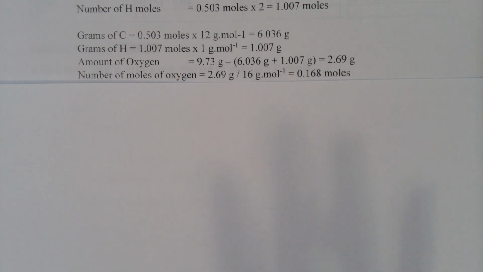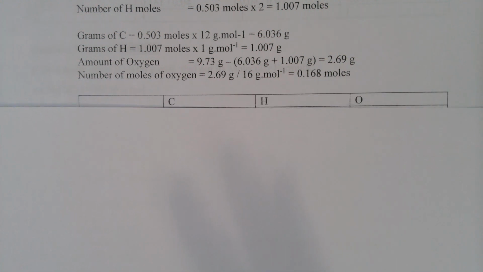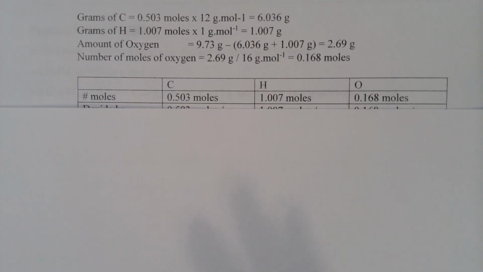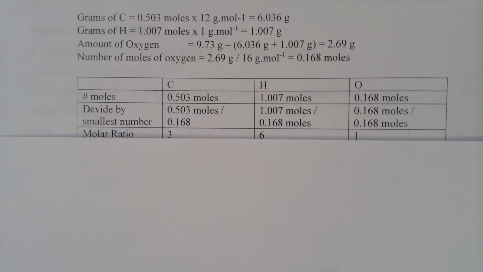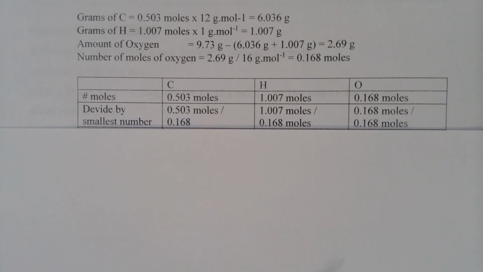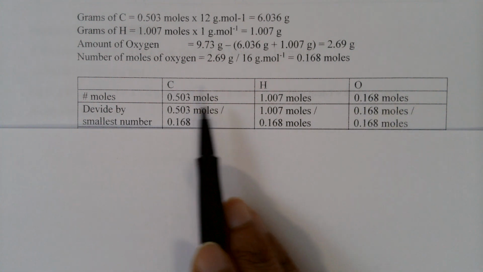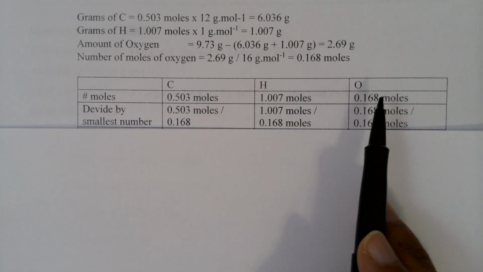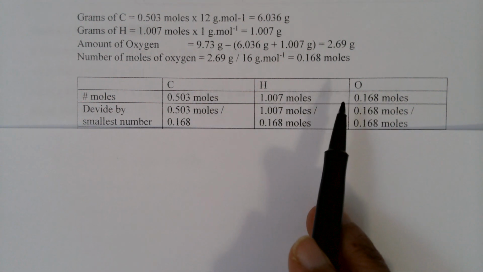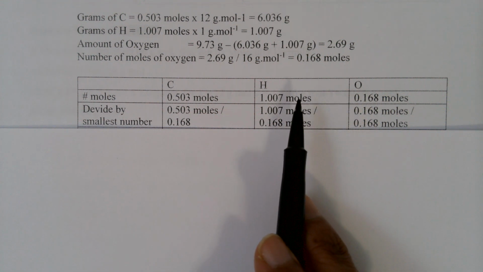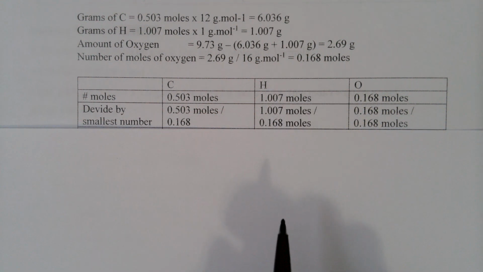Now we found everything required to calculate the empirical formula. We know the number of moles of carbon, hydrogen and oxygen. Now let's go to a table I added here. So we have the number of moles of carbon, hydrogen, oxygen. Let's divide these numbers by the smallest number, then we can get the whole number ratio.